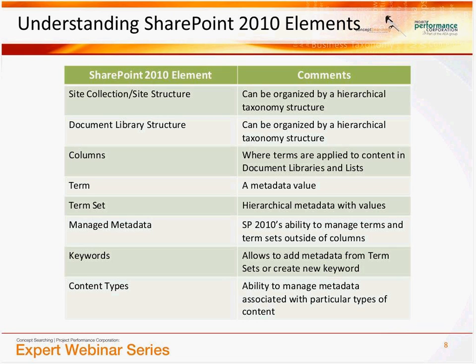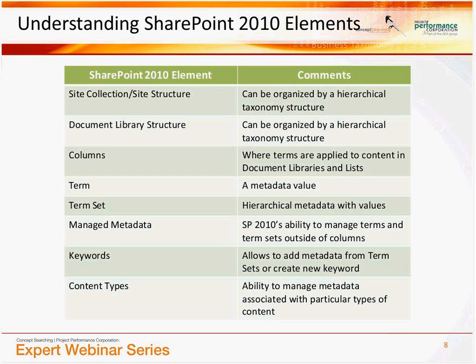From a site collection and site structure perspective, a taxonomy can determine the hierarchical site structure in which users will navigate and browse through the different sites to get to the information they're looking for. In libraries, columns represent the metadata fields that can be tagged against the different content within a library.